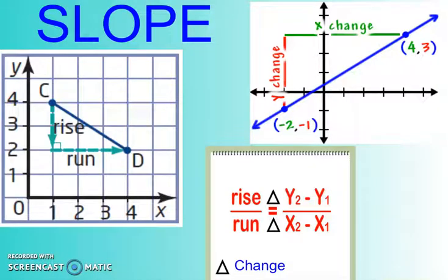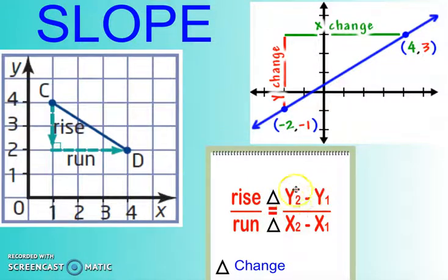So, slope. In the last video, we learned that it's rise over run. Okay, but another way to look at that is we're looking at the change in y's over the change in x's. And this is how we show that. So here's rise over run. Remember the triangles mean change.